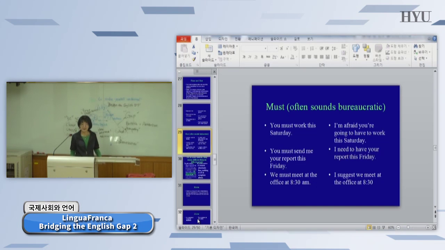And if you say, you must send me your report this Friday, it sounds bureaucratic. So it would be better to say, I need to have your report this Friday. Instead of saying, we must meet at the office at 8:30 a.m., it's better to say, I suggest we meet at the office at 8:30.